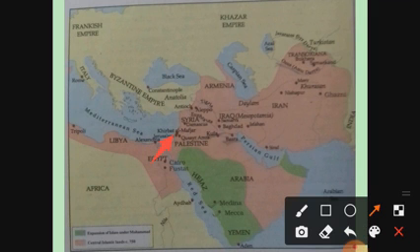So these are the important places. Jerusalem is a holy land for the Christians and the Muslims. So both the communities were in constant fight with each other to capture Jerusalem. This place here, right? So these are some important places: Mecca, Medina, Jerusalem, Damascus and Baghdad.